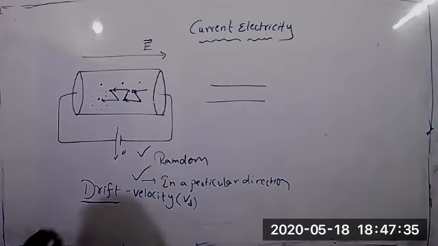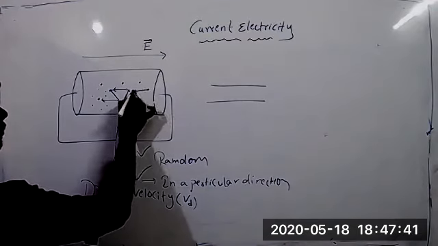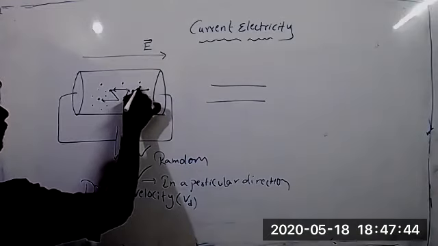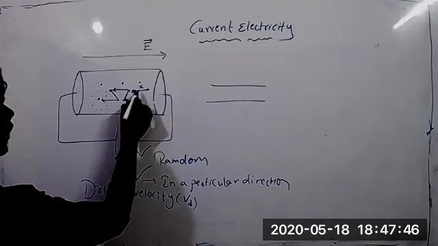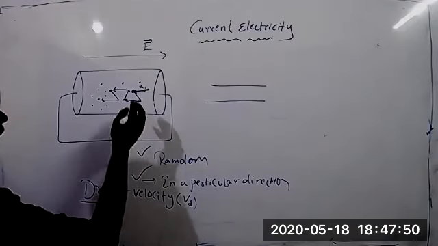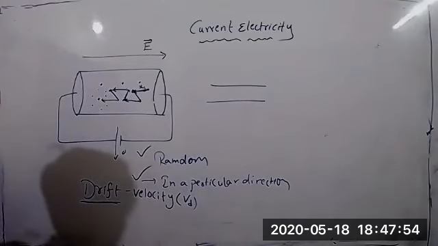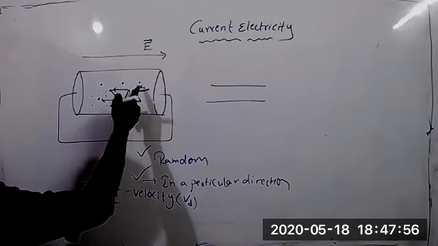Now see, when an electron is moving from here to here, is there any collision here? There is no collision in this place. Am I right? It is traveling some x1 distance without any collision, right? Yes, sir. It is called free path.